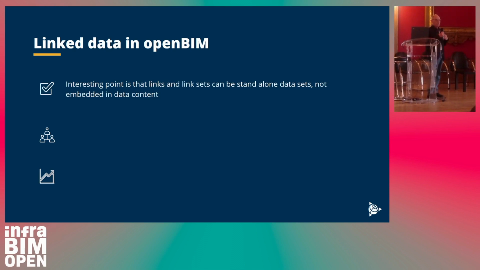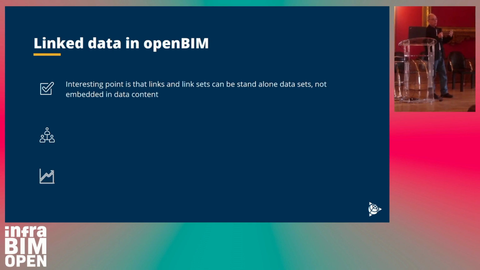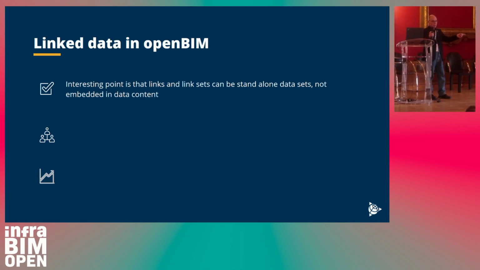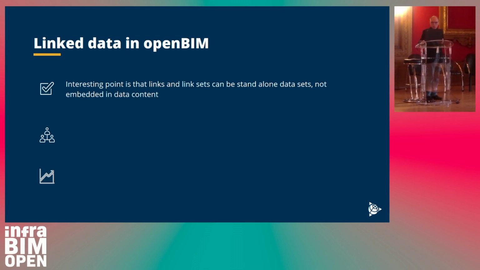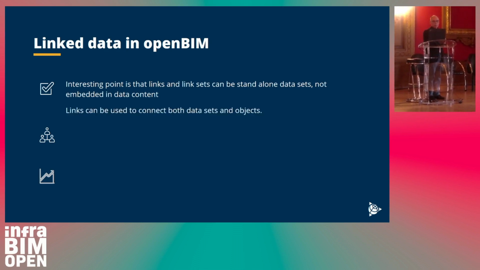One of my visions has been that in the future, a quote could be just a link set. So you have: this is the requirement object, this is the implementation object, and this is the price and commercial terms. This would be a very useful thing to use in BIM.